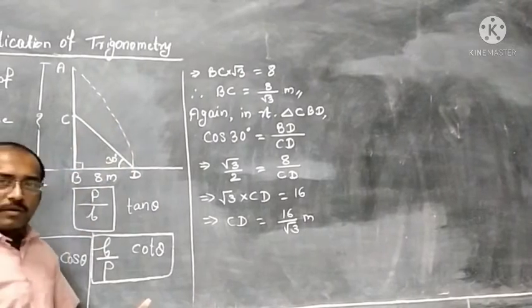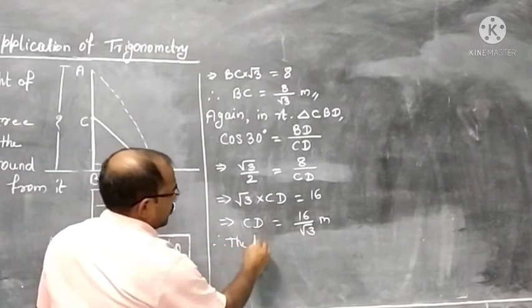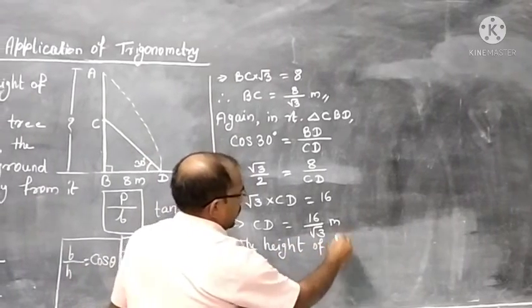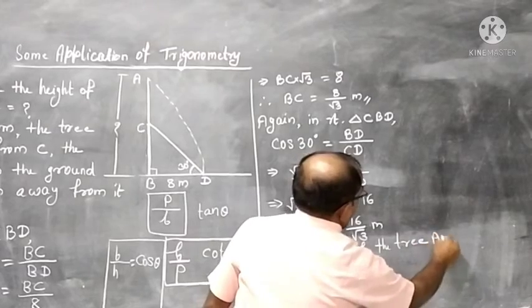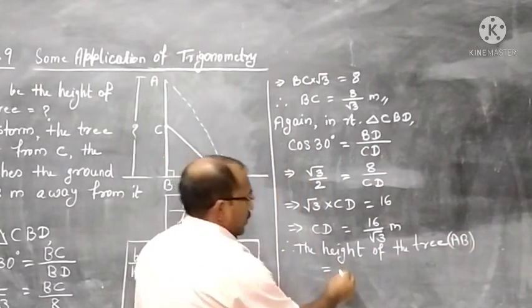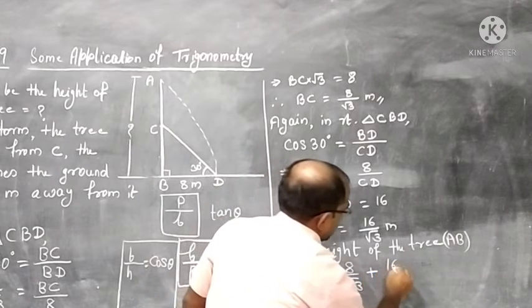How to get the height of the tree? Therefore, the height of the tree will be AB, that is 8 by root 3 plus 16 by root 3.